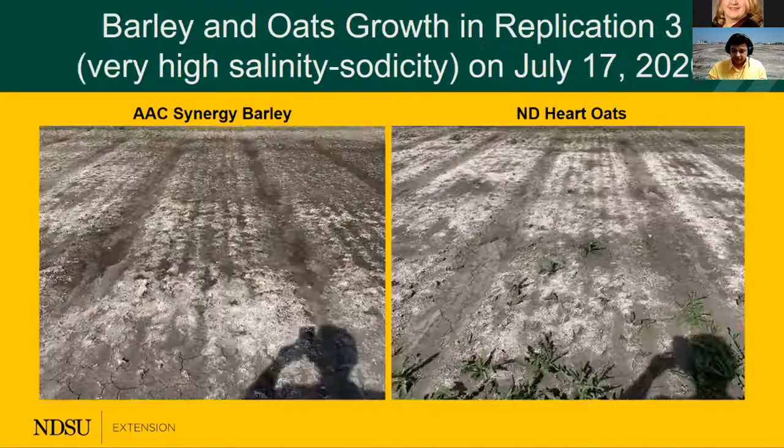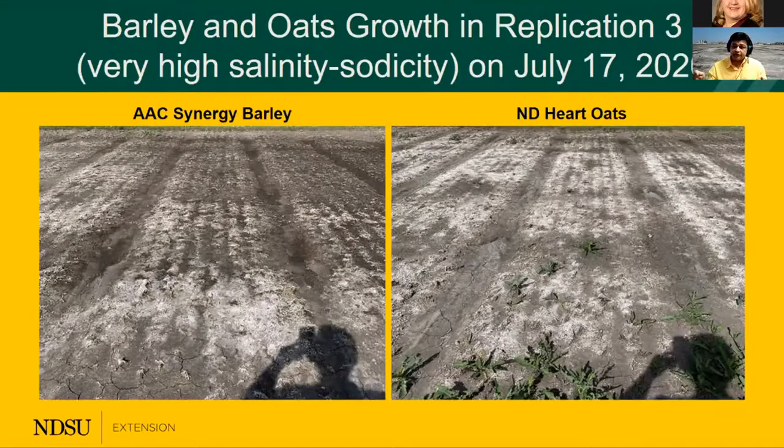What happened here was that even in the 6 inches, the EC levels were too high for these plants, and this is the result. And when we came to the very high levels of salinity and sodicity, all 4 barley varieties didn't even germinate until the end. Oats, this is one thing we learned, that oats actually tolerated more salts than even barley.